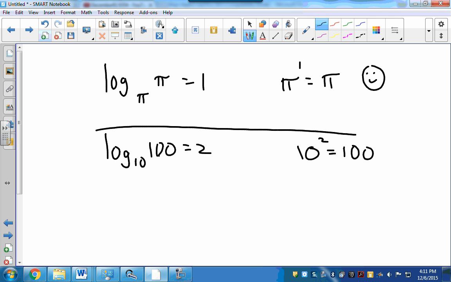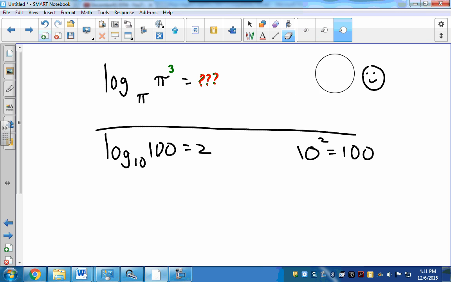Suppose that instead of having pi, I had pi cubed. Now the question is, what would this be? Let's do two different colors here. I'll do the question marks in red. And the exponent of pi is 3. You say, well, I'm not sure how to do that, but let's translate it and see what happens. The base down here is pi.